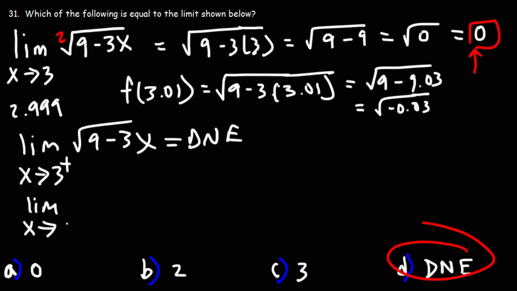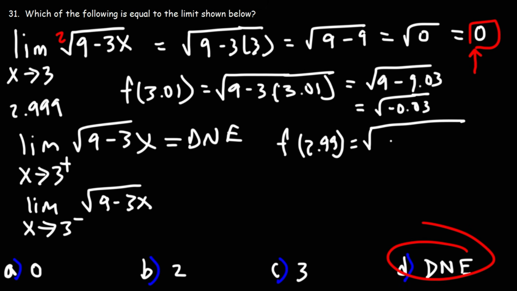If we were to approach the limit from the left side, this will work. So let's say if we plug in f of 2.99. Three times 2.99, that's going to be a number less than 9.